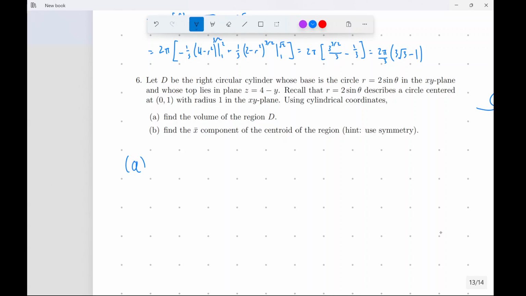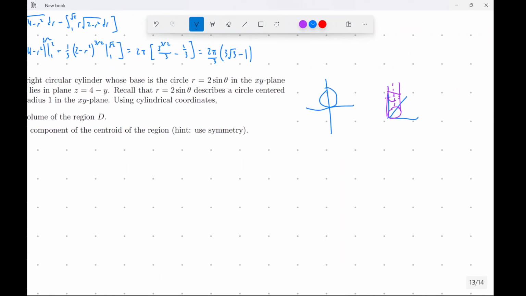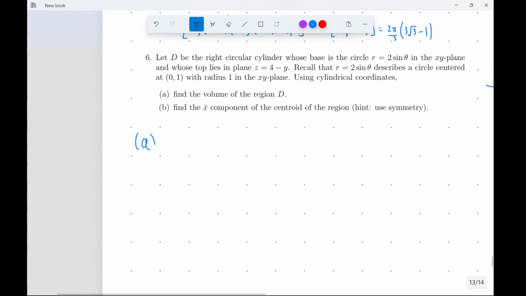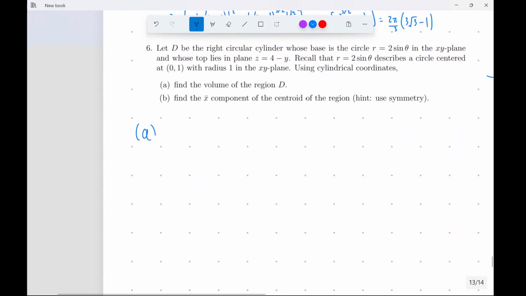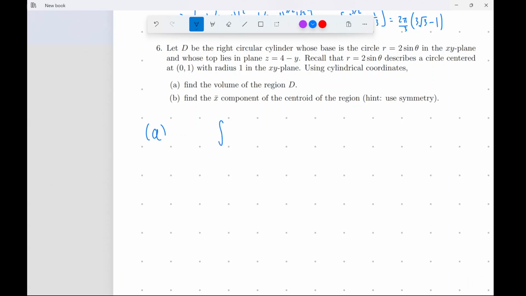And so now first we want to find the volume. I think this is a natural cylindrical coordinates question because they gave us what the base of the region is. So we're already looking down at it from the z direction. So I want my innermost integral to be with respect to z. Let's do r dz dr d theta.